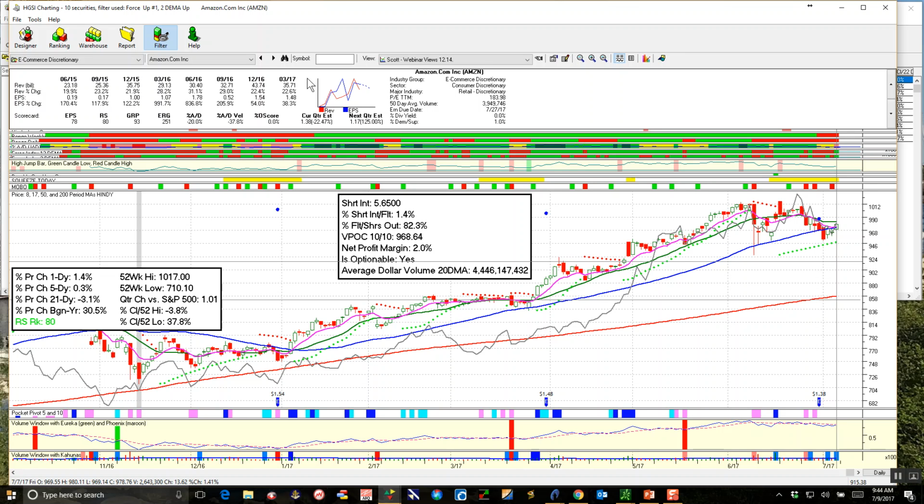So I protect my account balance on Amazon, but you've got to look at it here and say, wow, it's time to buy it again. I'm hesitant to say that because it's an expensive stock. It's had a big run. You almost have to play this with options, because unless you have millions of dollars to spend, it's $1,000 or so a share.